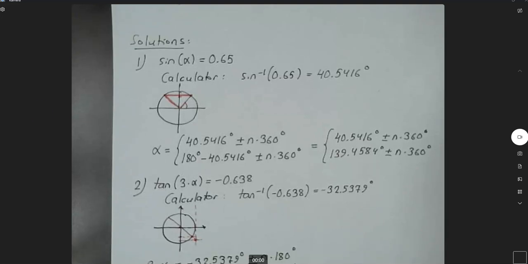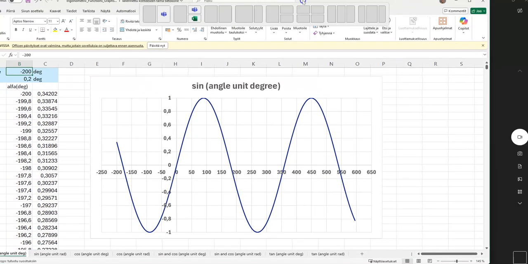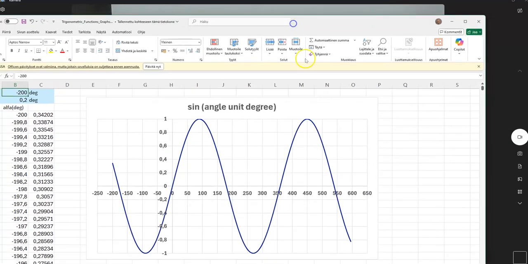I will show you the Excel sheet here also, where we can see this sine curve, and the problem was to find all those angles that will give sine the value of 0.65.